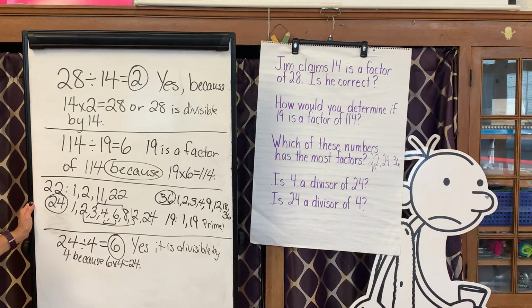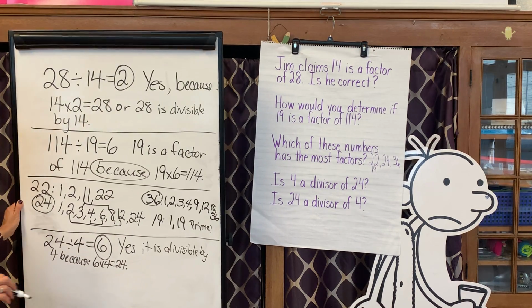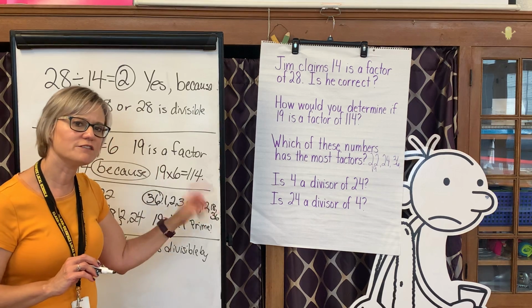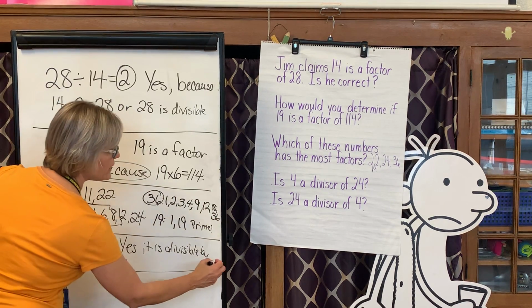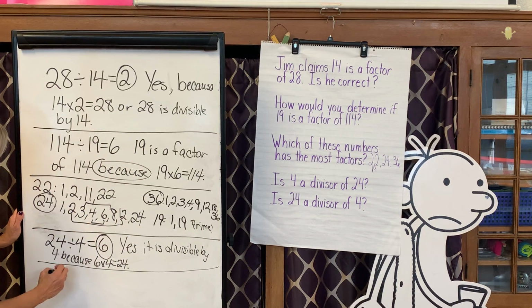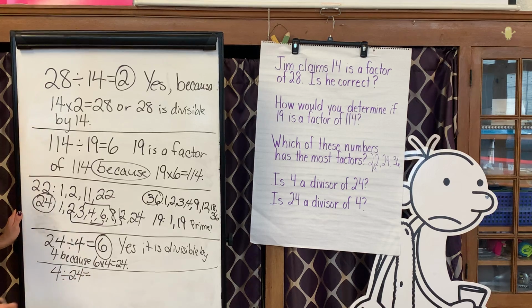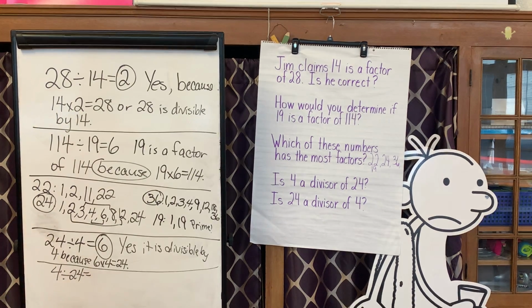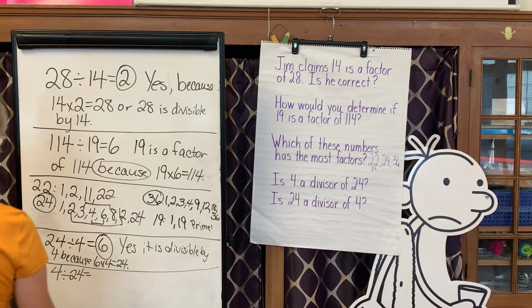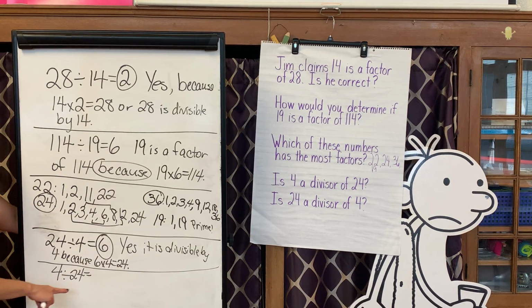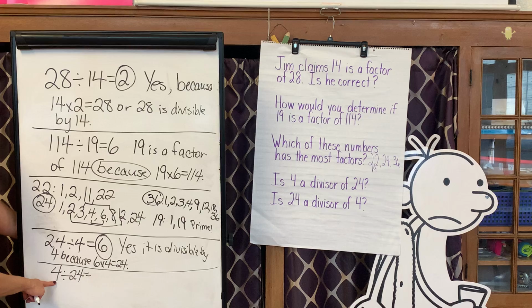All right? Now, the next one. Is 24 a divisor of 4? Well, we would have to write that problem like this. 4 divided by 24. Can I take 4 and put it in groups of 24?